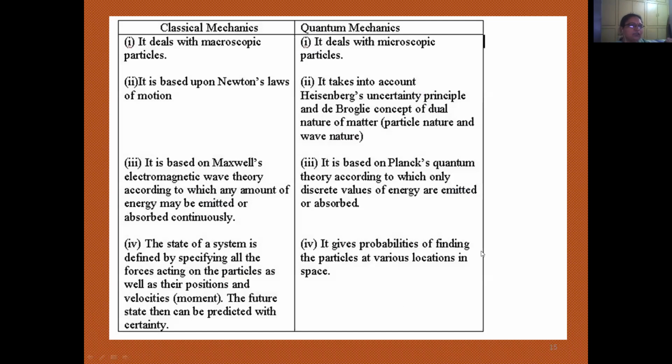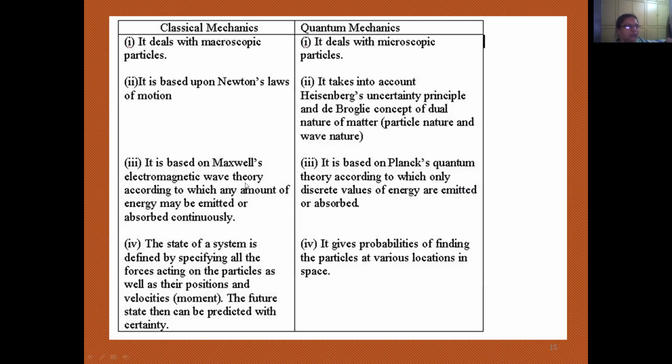Then we have the differences between classical mechanics and quantum mechanics. Classical mechanics deals with macroscopic particles, whereas quantum mechanics deals with microscopic particles. Classical mechanics is based on Newton's laws, and quantum mechanics is based on Heisenberg's uncertainty principle and the de Broglie principle.